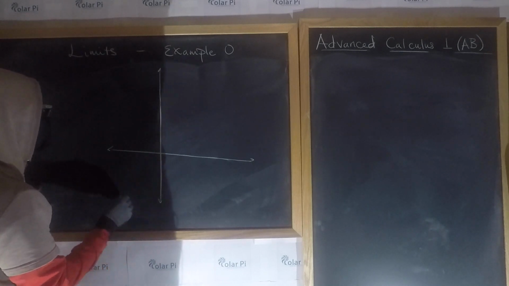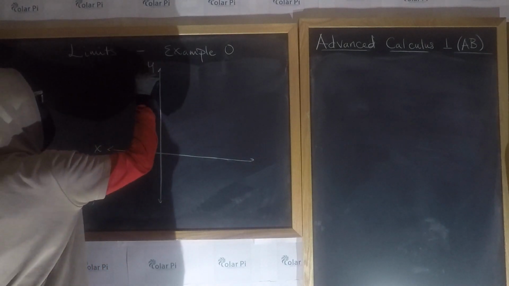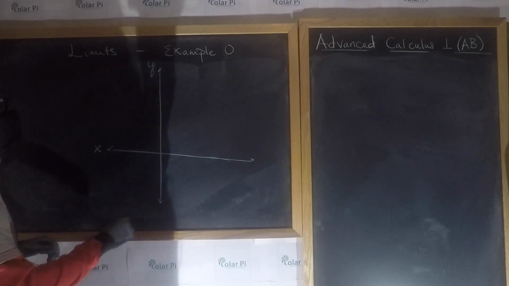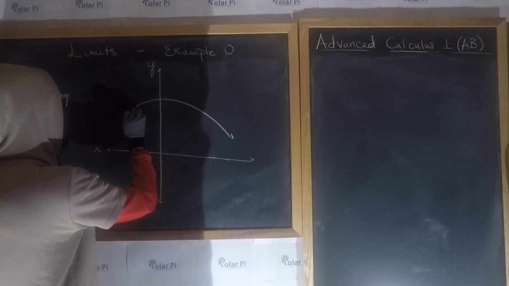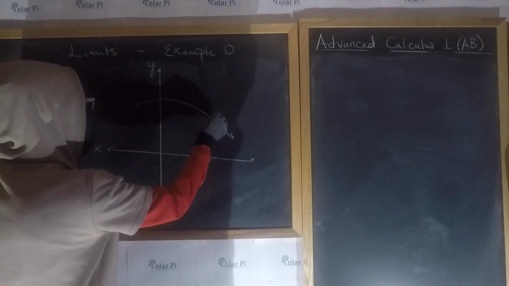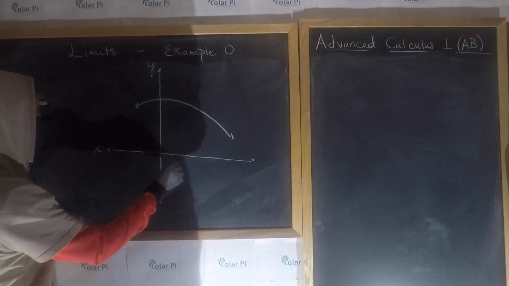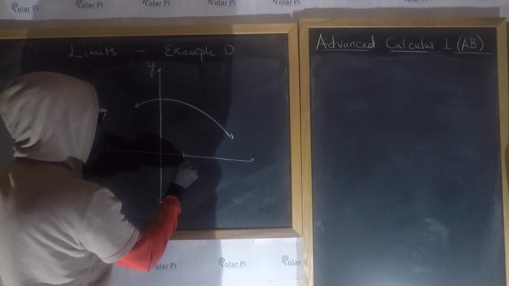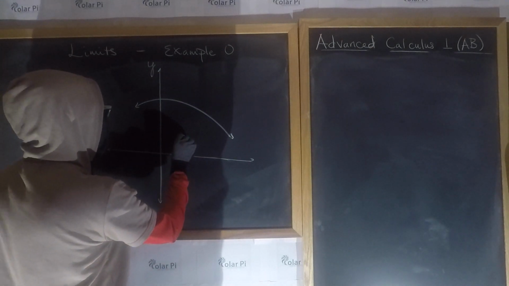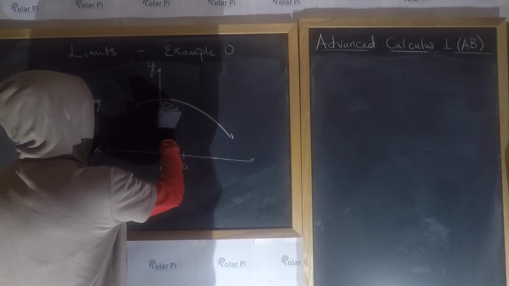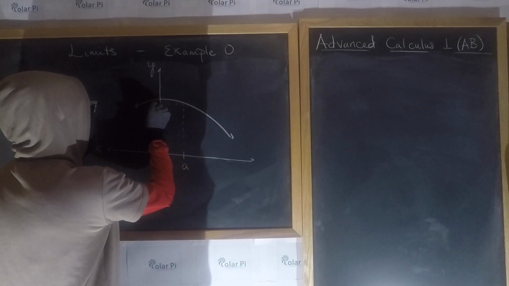But if this is x and this is y, then let's throw on a portion of a function. Let's say the portion of the function we're looking at looks like this. And let's consider the x value a. a clearly has a y value somewhere about here.